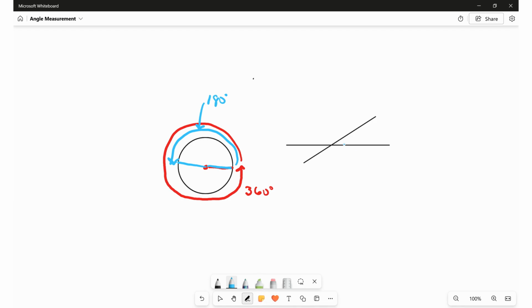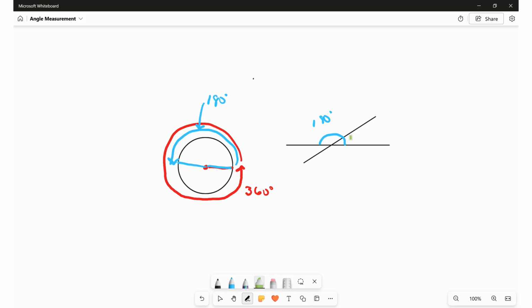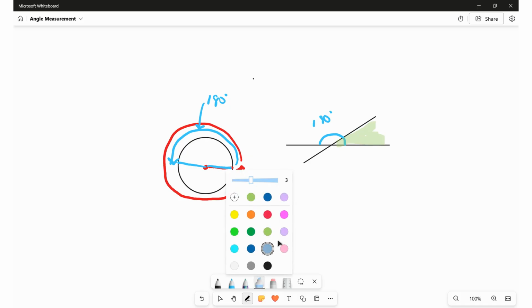So if you consider this right here, there's that 180 degrees, okay? So now let's think about what makes up that 180 degrees. Well, we have this right here, right? And we also have this right here.